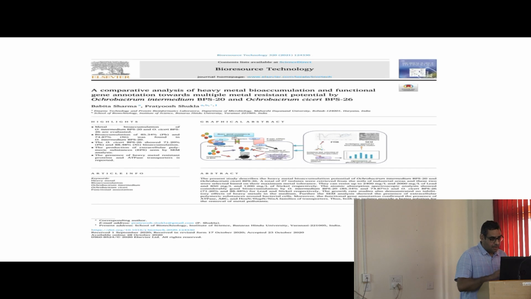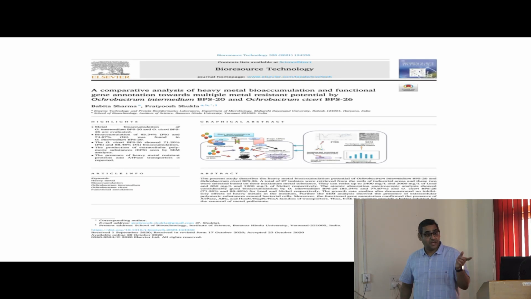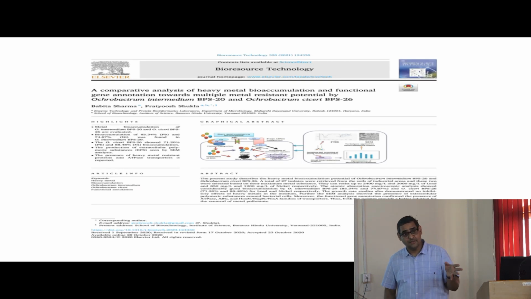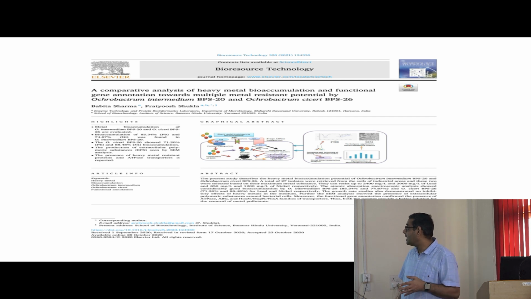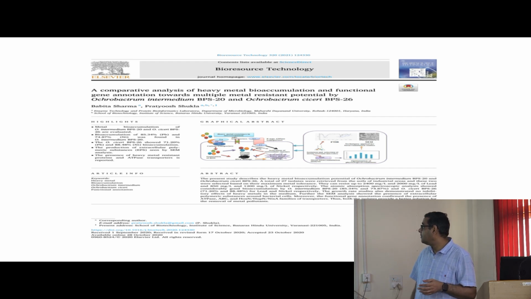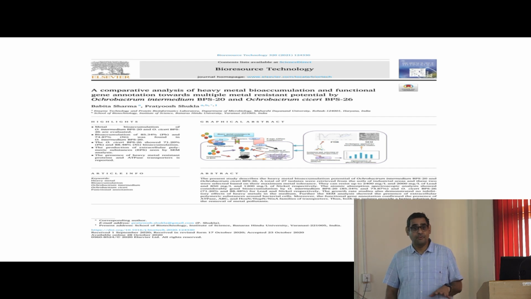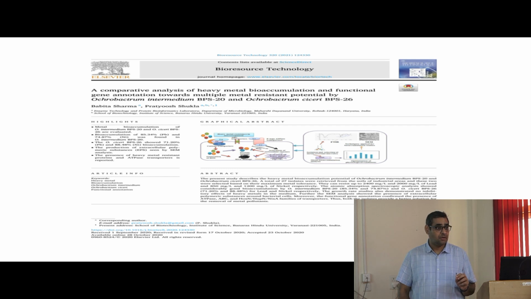This is a comparative analysis where in silico techniques were used: a comparative analysis of heavy metal bioaccumulation and functional gene annotation towards multiple metal resistance potential by BPS20 Ochrobactrum and BPS26. So BPS9, 26 and 20 are isolated from natural environments, and they have been proved to have very good potential for bioremediation, and they can do more.